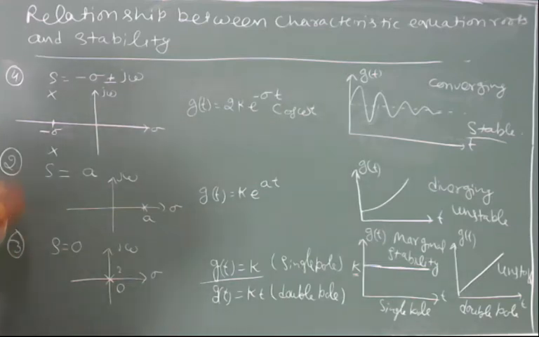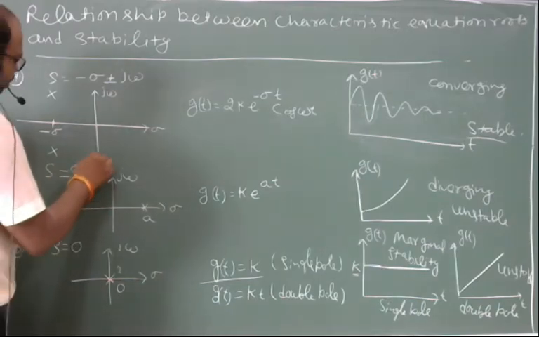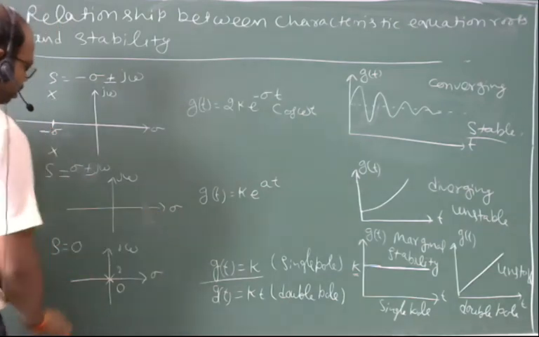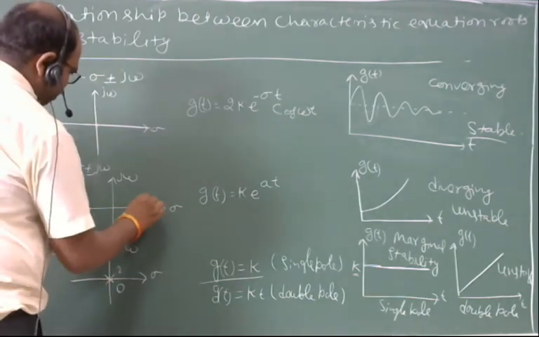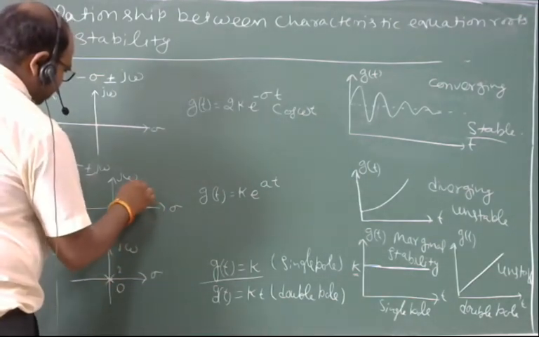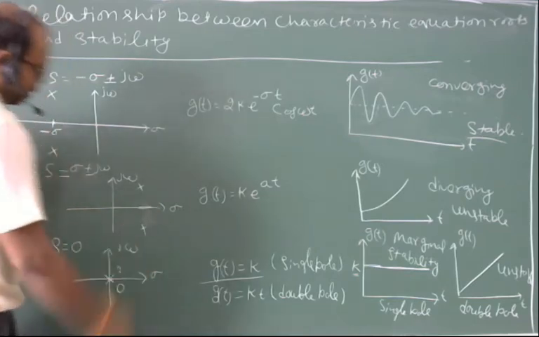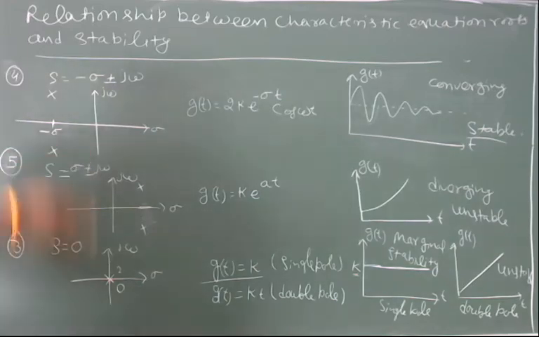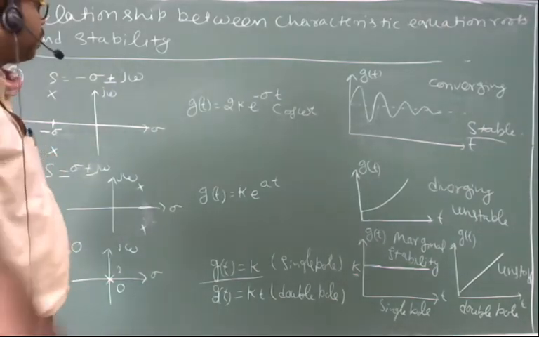Next, fifth: a complex pole in the right half of the S plane, sigma plus minus j omega. Now the pole configuration will be like this, with complex poles in the right half of the S plane.